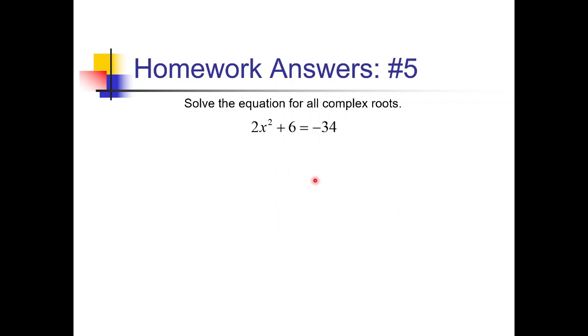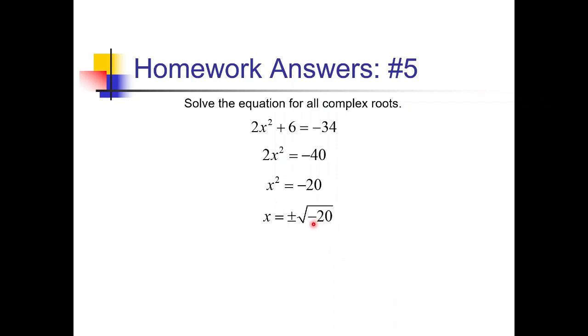To solve this equation for the complex roots, let me see if I can isolate this x squared. I'll start by subtracting 6 from both sides, so that'll be -40 over on the right side. And then if I divide by 2, we've got -20 over there. And now I'm just going to take the square root of each side. So we'll have x equals plus or minus square root of -20.